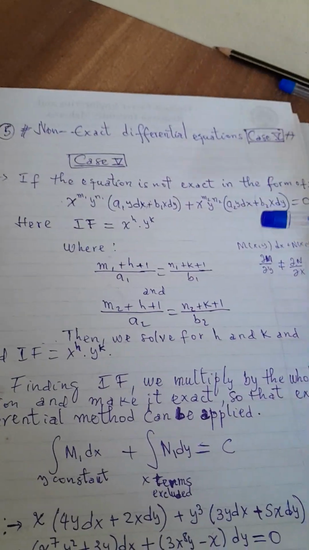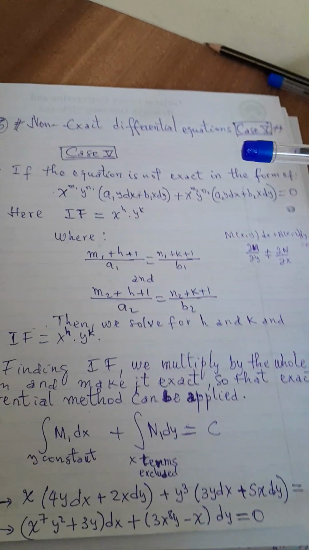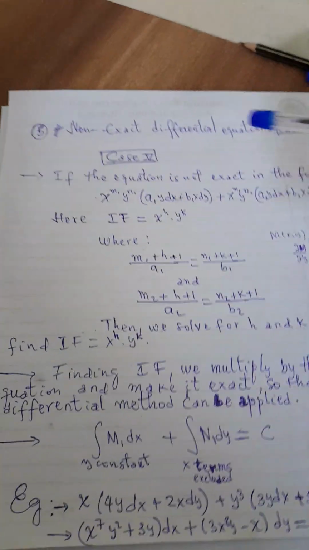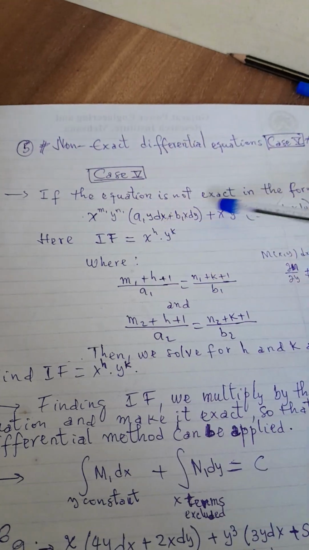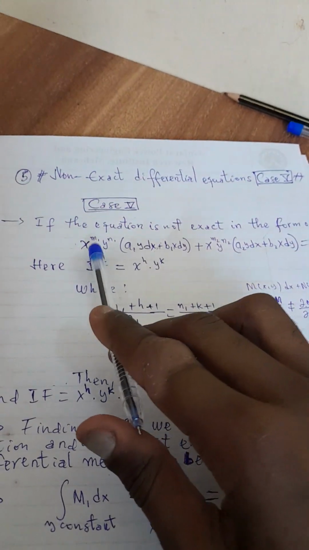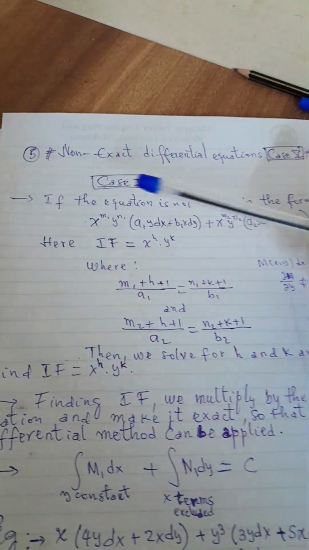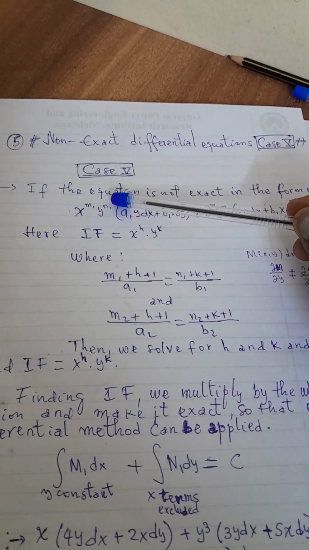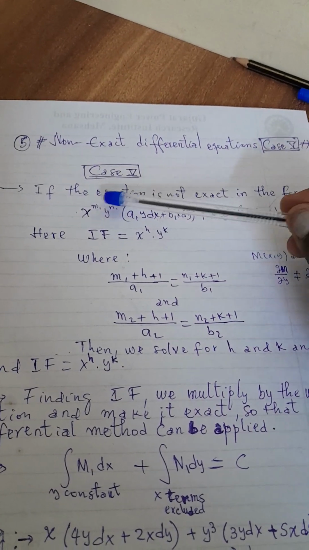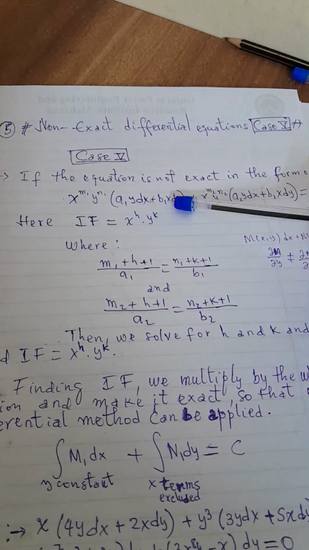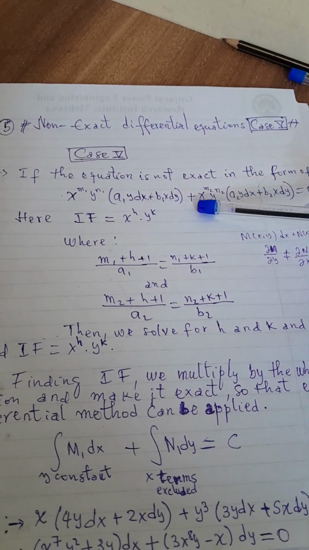The condition to apply case number 5 is only one: suppose the equation is not exact and it is in the form x raised to m1 times y raised to n1 times (a1 y dx plus b1 x dy).